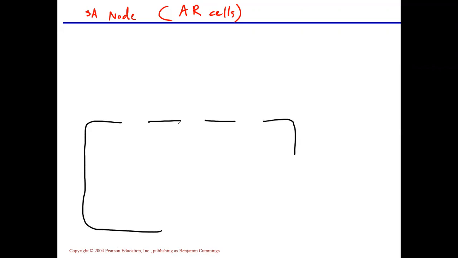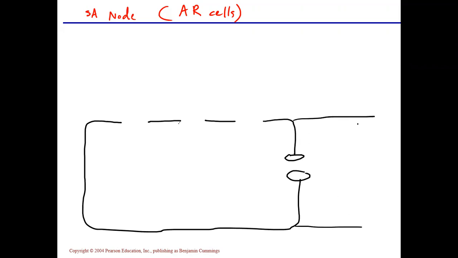So let's say this is one of the cells. And over here, you have the gap junction. Now, the gap junction allows the communication, and you have more than one, I'm just showing you one, with the contractile cells. So this is the CC cells, this is the AR cells.